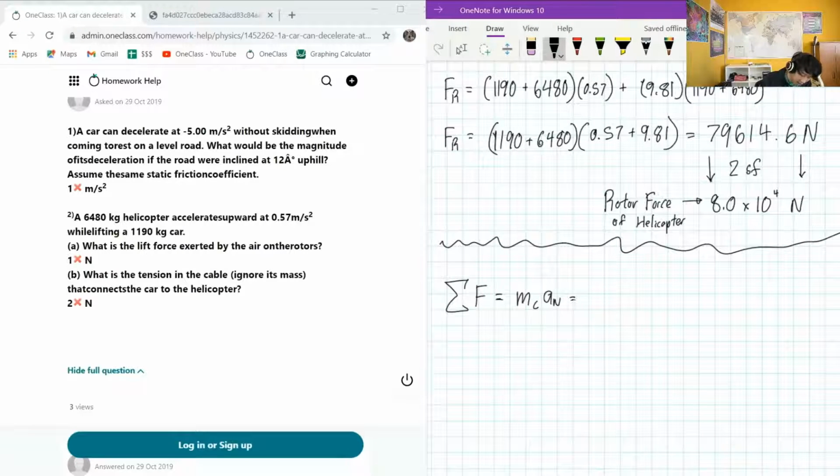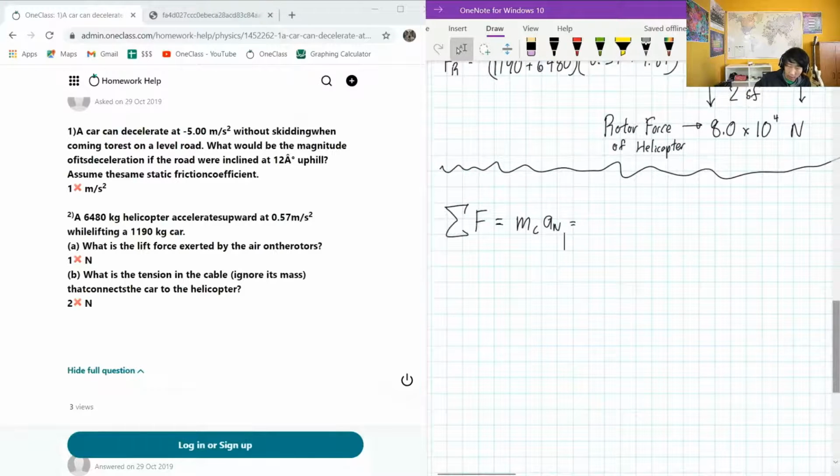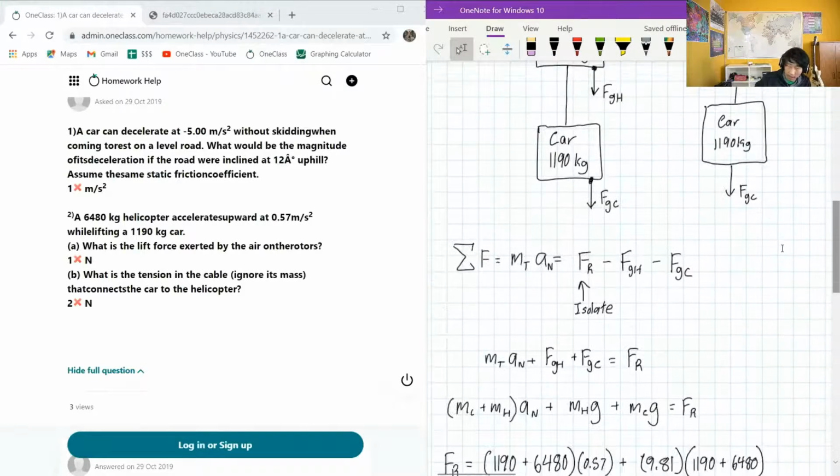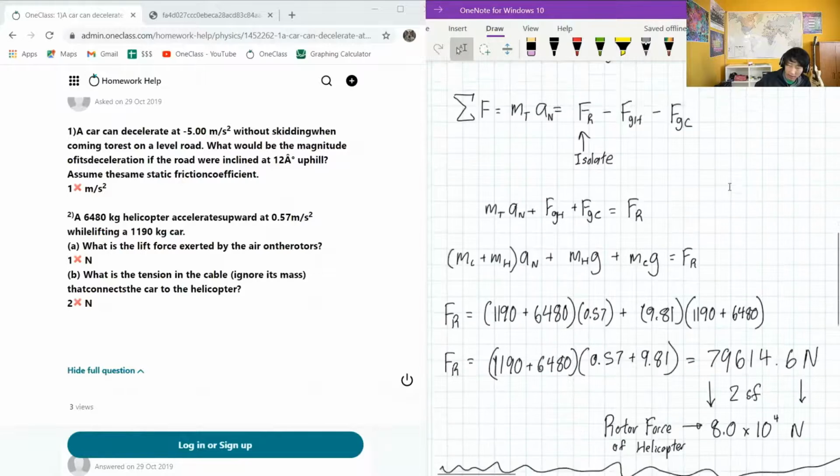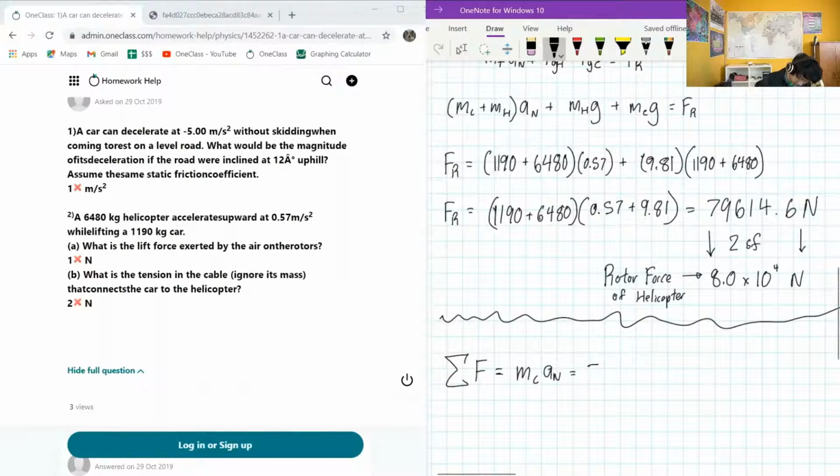And that is going to be equal to the upwards force being positive, so that's going to be T minus FGC. Okay, and just like before, to isolate T, we have mass of the car times the acceleration upwards, the net acceleration, plus FGC, the gravitational force.